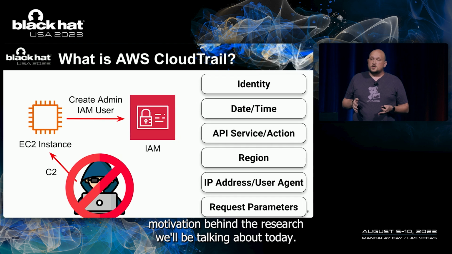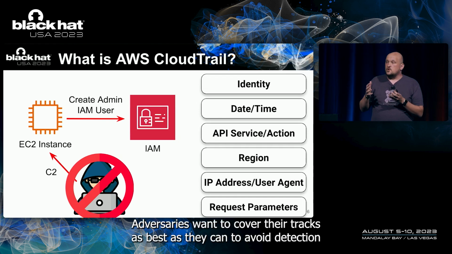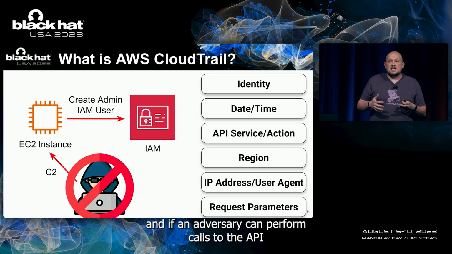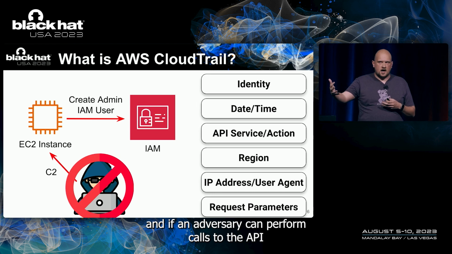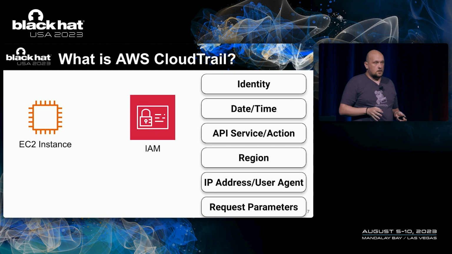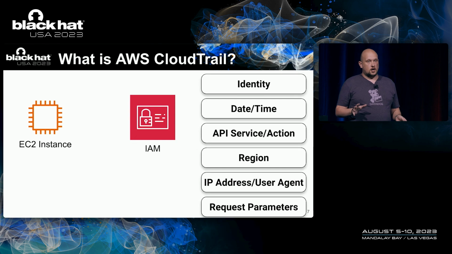So this is the motivation behind the research we'll be talking about today. Adversaries want to cover their tracks as best as they can to avoid detection. And if an adversary can perform calls to the AWS API without leaving a trace in CloudTrail, they are fundamentally invisible. Security teams have no way of knowing that this activity has occurred.